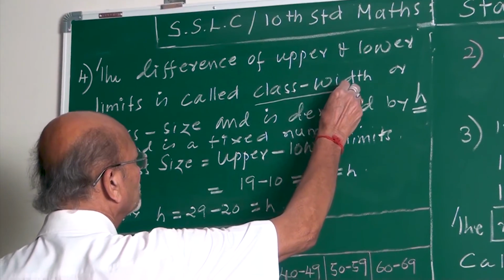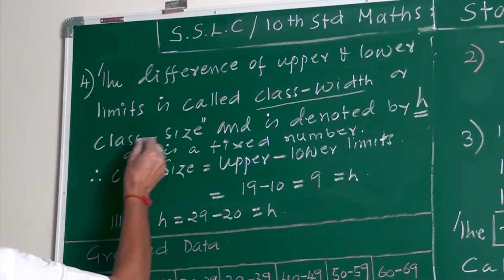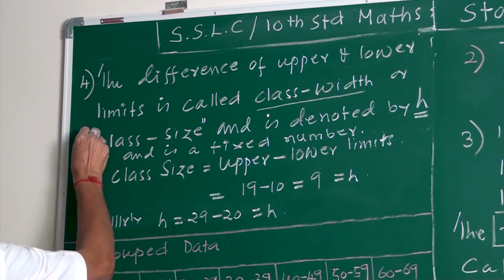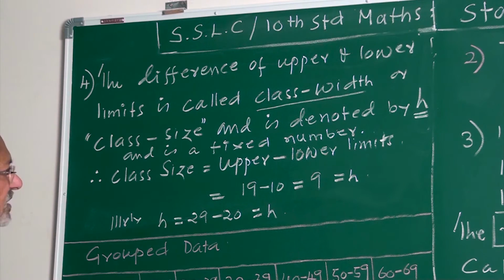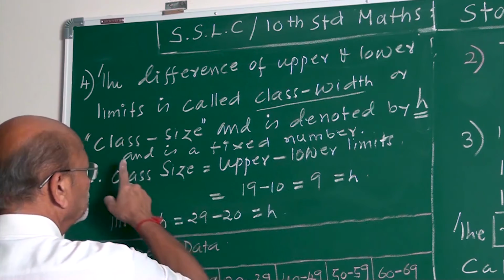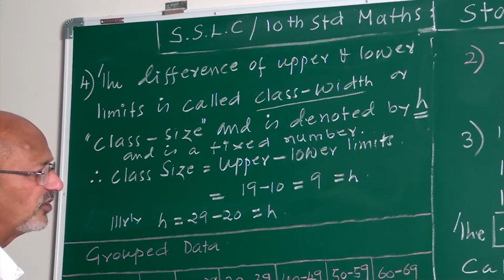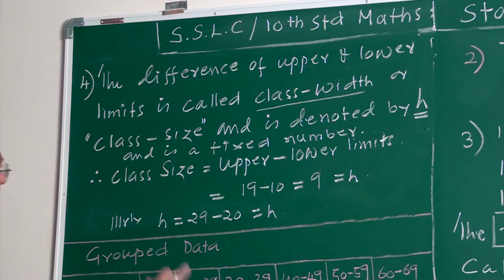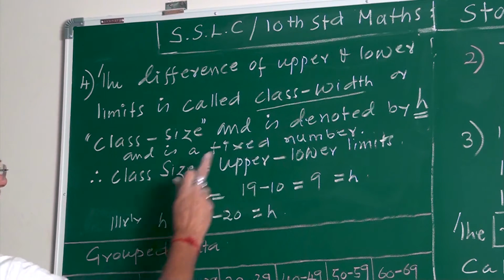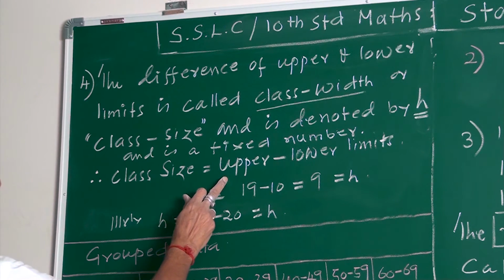This is known as class width or class size, and is denoted by h. This h is a fixed number, my friends. It is not like fi or xi. It is a fixed number.